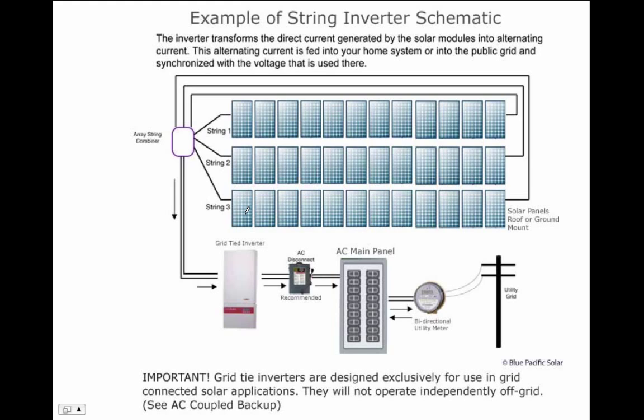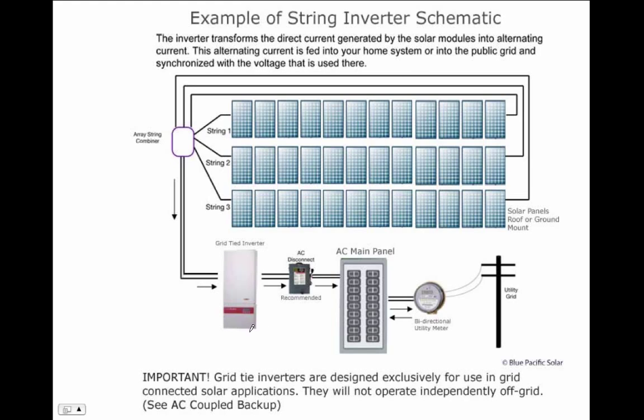And then let's say that one string of these panels is 10 100-watt panels, a 1,000-watt string. If you want 2,000 watts, you'd have to create another string exactly like this first one. And if you want 3,000 watts, you'd create a third string. 4,000 watts, a fourth string.